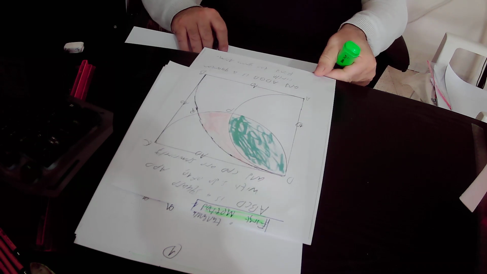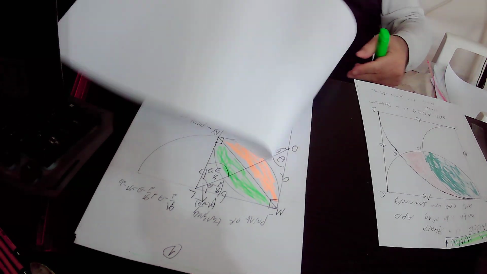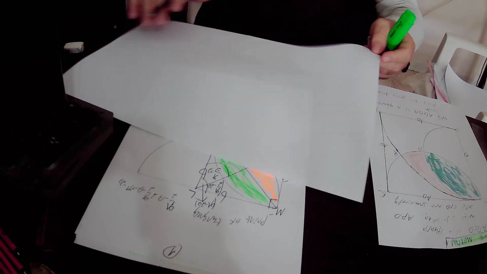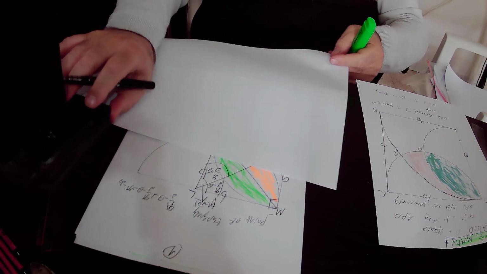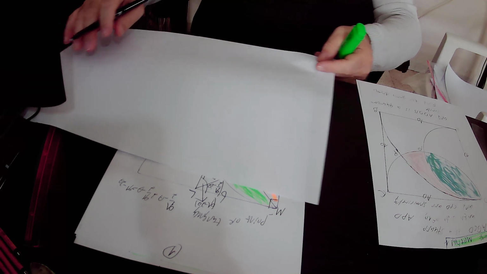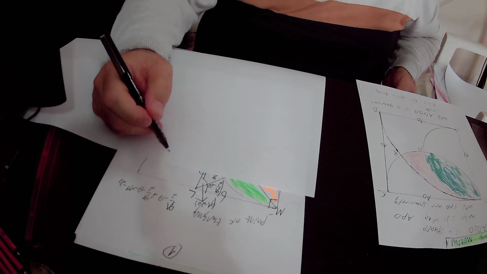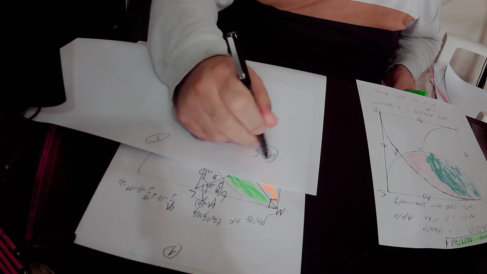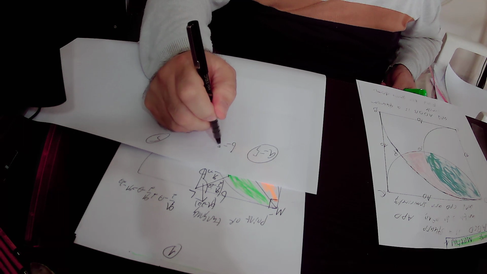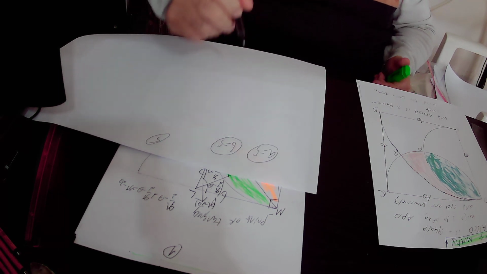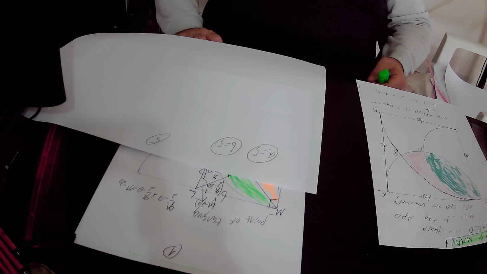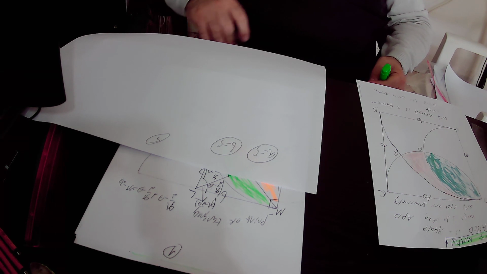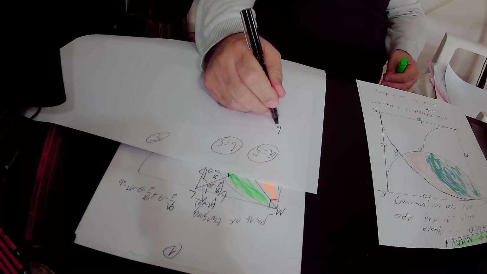So here A equals 5 and B also equals 5. So we put the values of A and B inside the formula for the area of a lens, and we find the area of the blue lens.